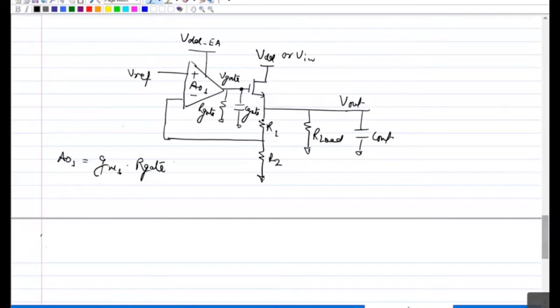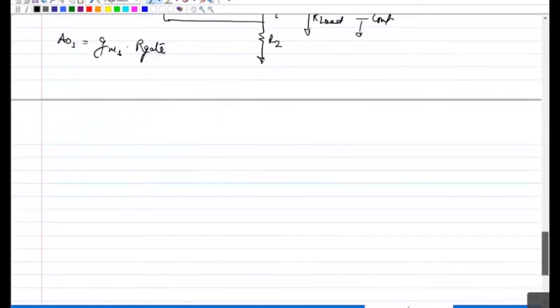So there'll be no gain from the source follower. So your 1/gm will be divided by this gm1 R gate. Let me call it gm2. So that is your A0,1.